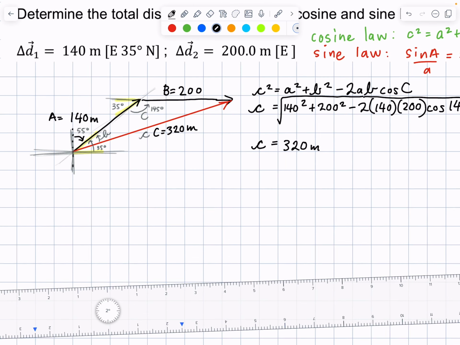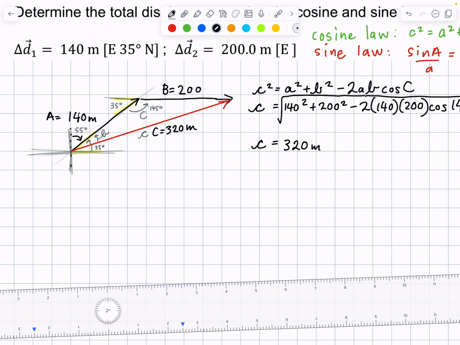Now, I know angle C and side C. I need to find the direction that this is pointing. In order to find the direction that this is pointing, I would need to know what this interior angle size is.